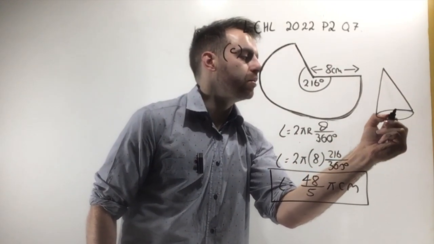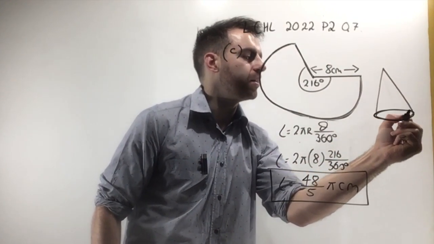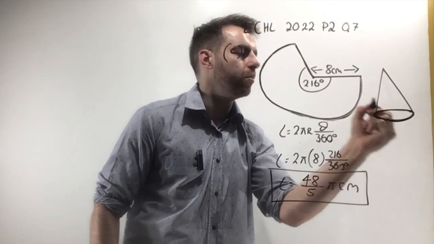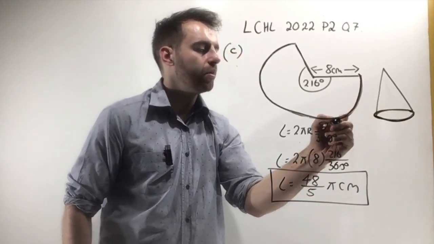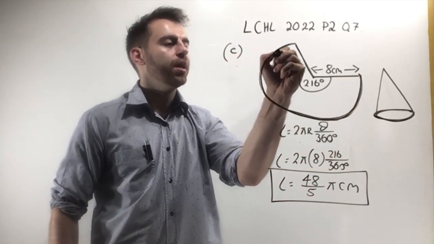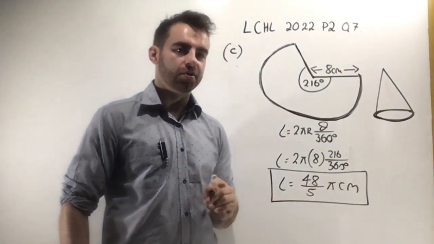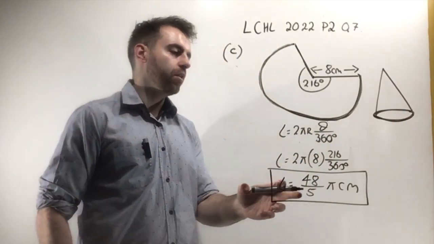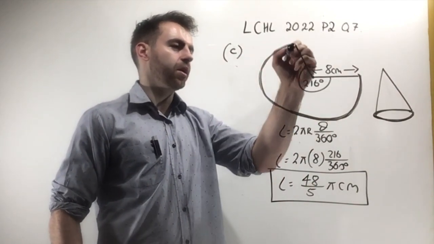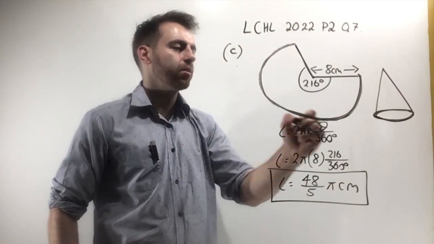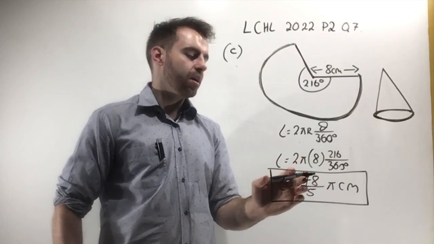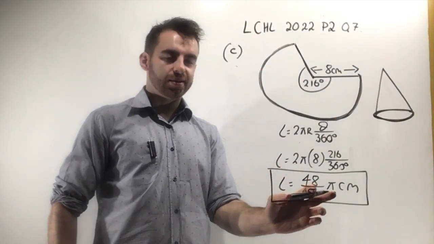And I need you to understand that the circle at the base of the original cone has to be this length. The curved part of the circle is the same length as the circumference of the circular base. Notice that we've worked out the length of the curved part. The length of the curved part of the net is 48 over 5 pi centimeters.